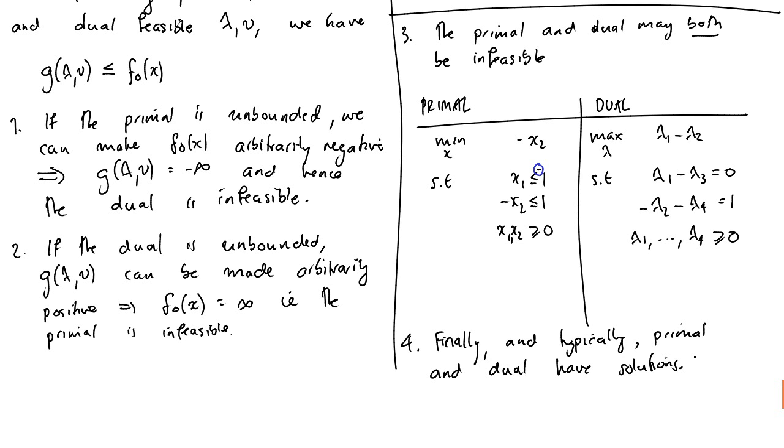Okay, so those are the 4 different types of behavior we can get. If either the primal or the dual is unbounded, it implies that the other one is infeasible. We can have both of them infeasible, and normally, which is what we want to happen, both of them have solutions. So the last thing I want to talk about in this lecture is the relationship between the solution of the primal and the solution of the dual for linear programs.